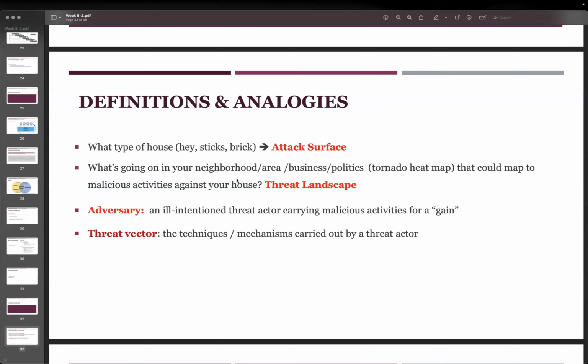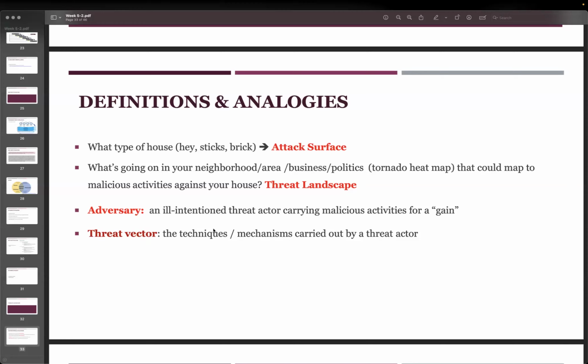But when you think about the landscape, it includes maybe your neighborhood, area, business, politics, everything, like a tornado or heat map, all those that could match to malicious activity against your house. That is the threat landscape. And then the adversary is someone with ill intention who carries out the malicious activity. We call it the threat vector.